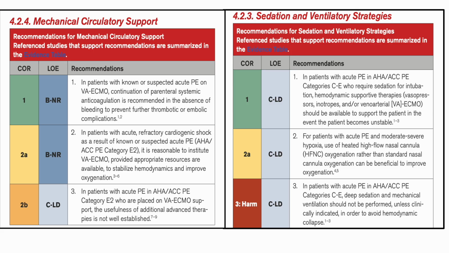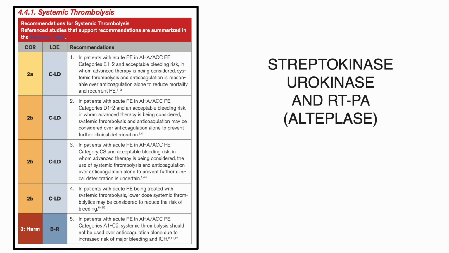This is really important, because if your patient is not yet in frank respiratory failure, HFNC may be helpful. Grade 3 Harm, in patients with acute PE category C2 to E, deep sedation and mechanical ventilation should not be performed unless clinically indicated, to avoid a hemodynamic collapse. So very good critical care support is important.